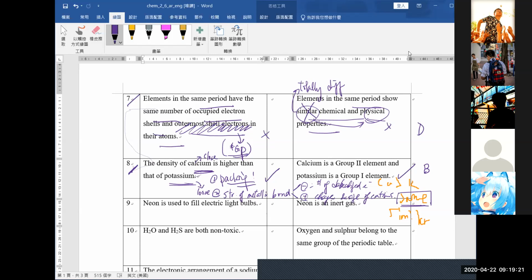Do you know why in this lesson we start to have the assertion-reason type questions? And do you know why I need to have a consolidation, revision, with all of you? That is what you guys need to know. The size of cations. So what is the form of the cations? Is it Ca2+ and K+?